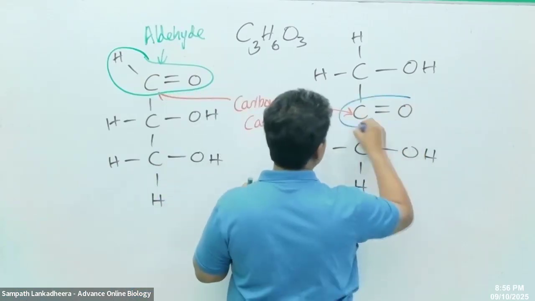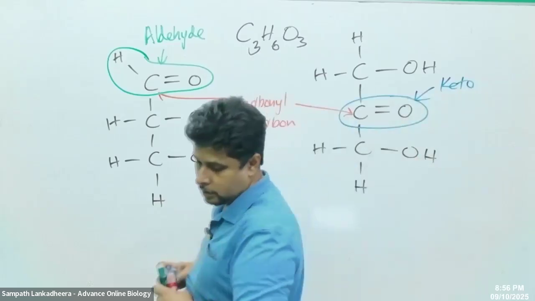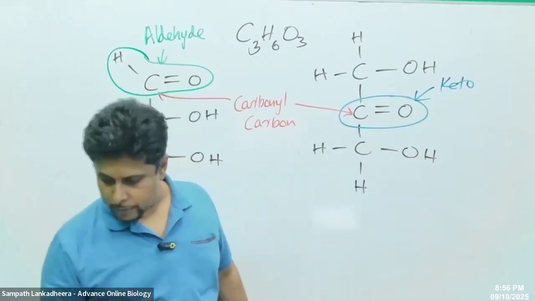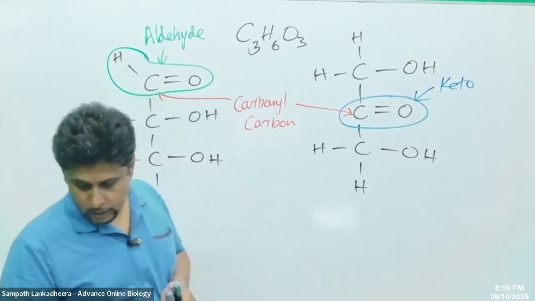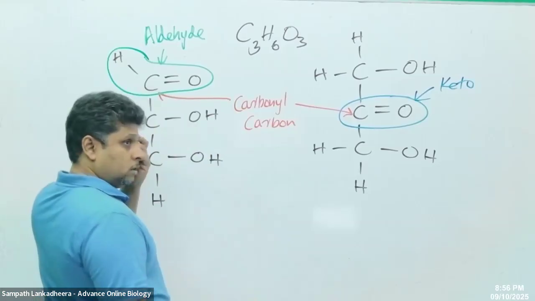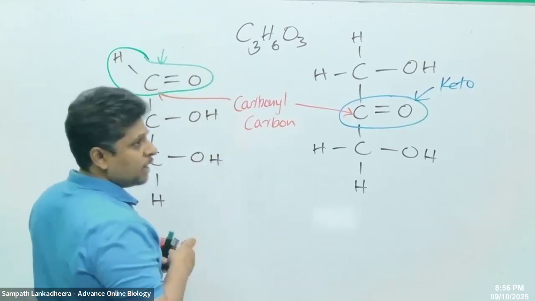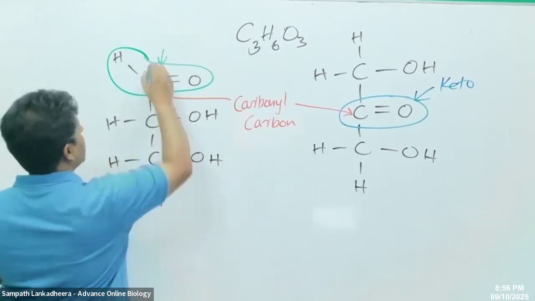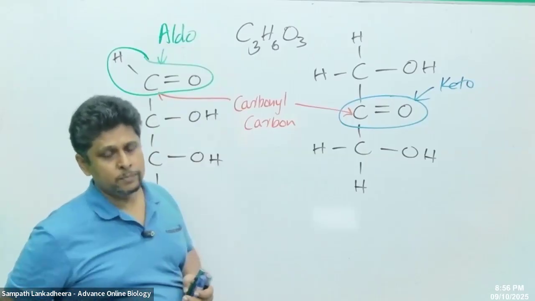This group is the keto group. Aldo group and the keto group. So this is aldo, or else you can say the aldoses. The other one is the keto group.